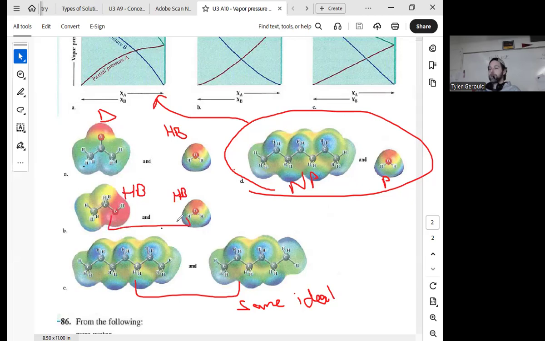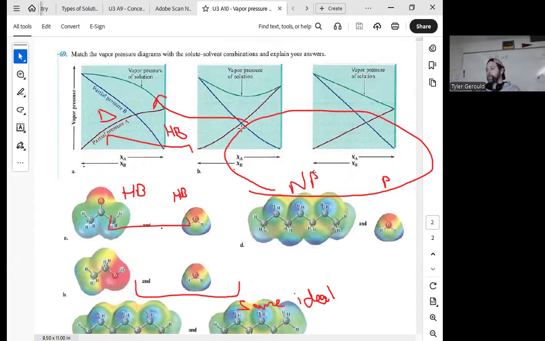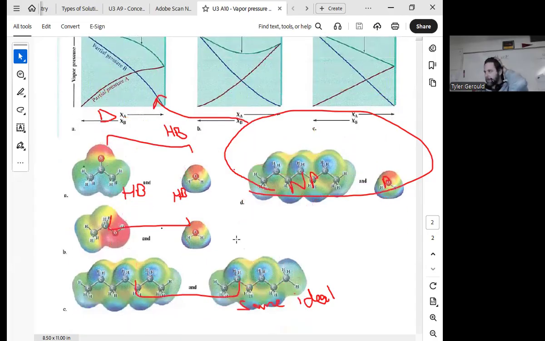So these ones are pretty much the same, whereas these ones are a little bit different. We're looking for the most ideal, which generally have relatively weak attractions, which is going to be our choice C. I would say that is the most ideal.